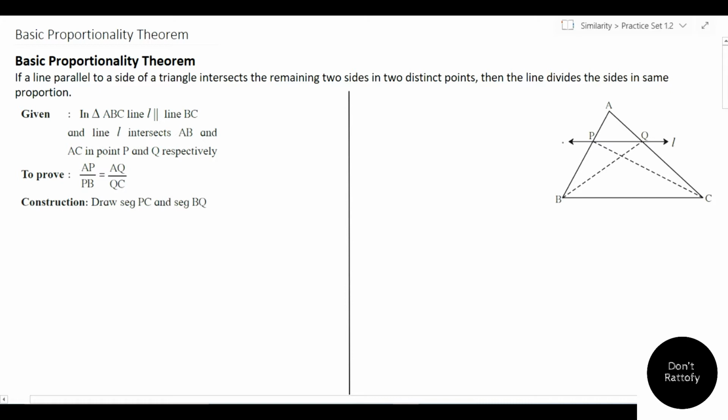In other words, P is dividing AB and Q is dividing AC in equal proportions. This is what we have to prove by the basic proportionality theorem.